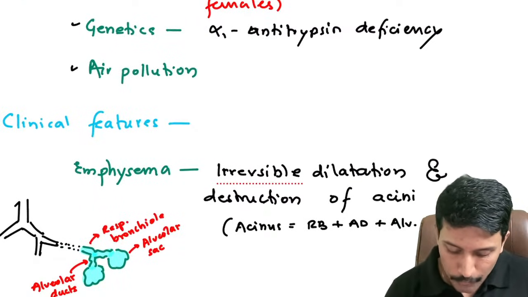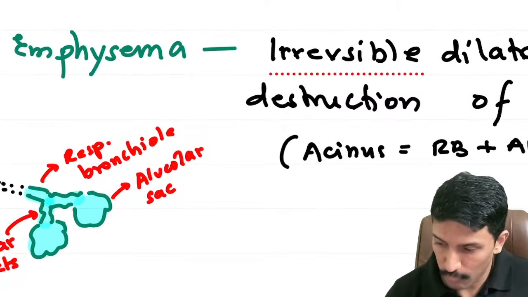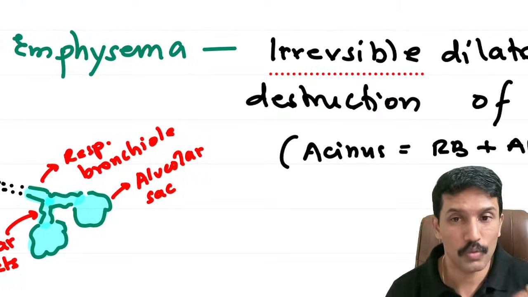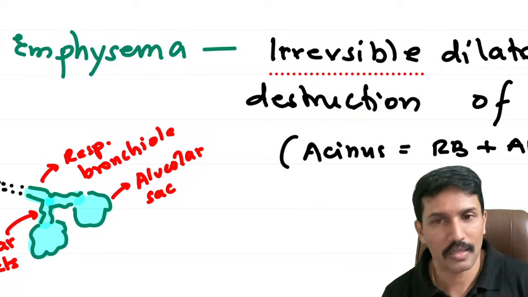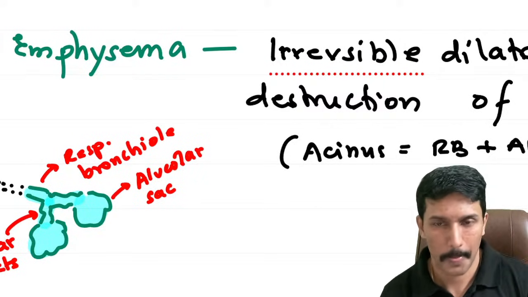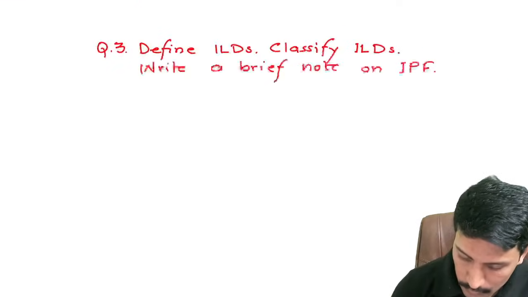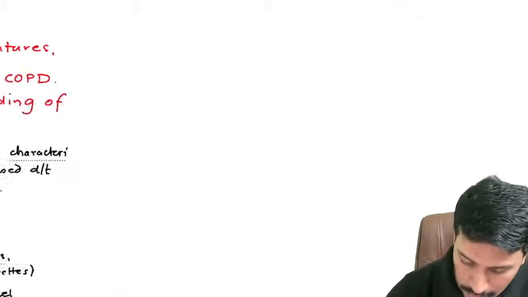Emphysema is further classified, if you know from your pathology, into centriacinar, panacinar, and distal or paraseptal. It is wise if you can put pictures of it. Each acinus begins with a respiratory bronchiole that branches into alveolar ducts and alveolar sacs.